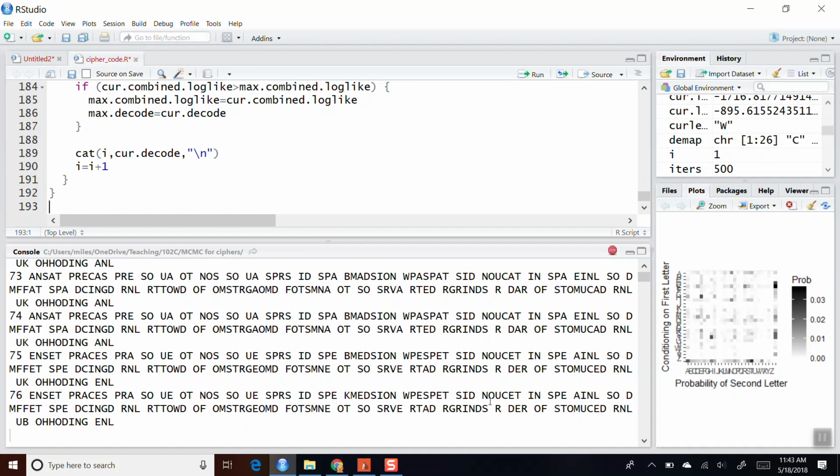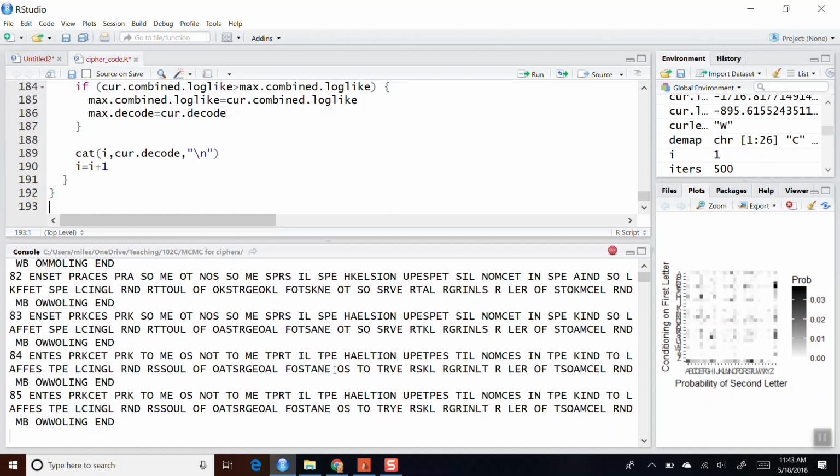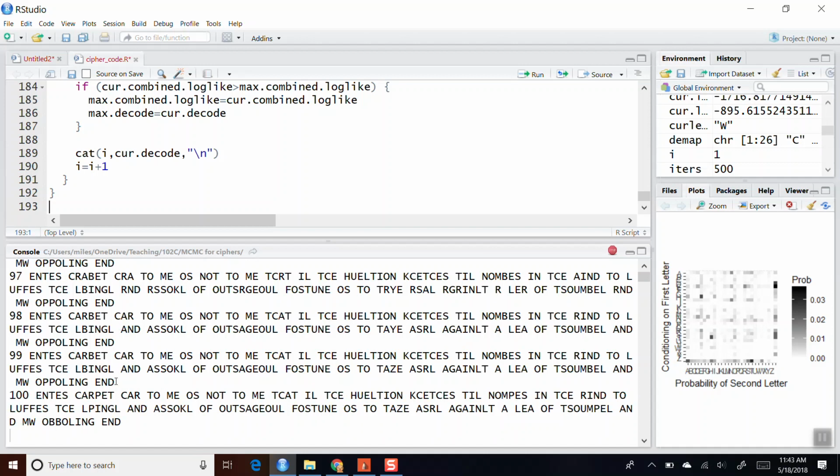Whereas before, it was all just like BQ, whatever, it didn't look good. And now we're getting things that look a little bit closer to English. These are not real words, okay? But here it goes.